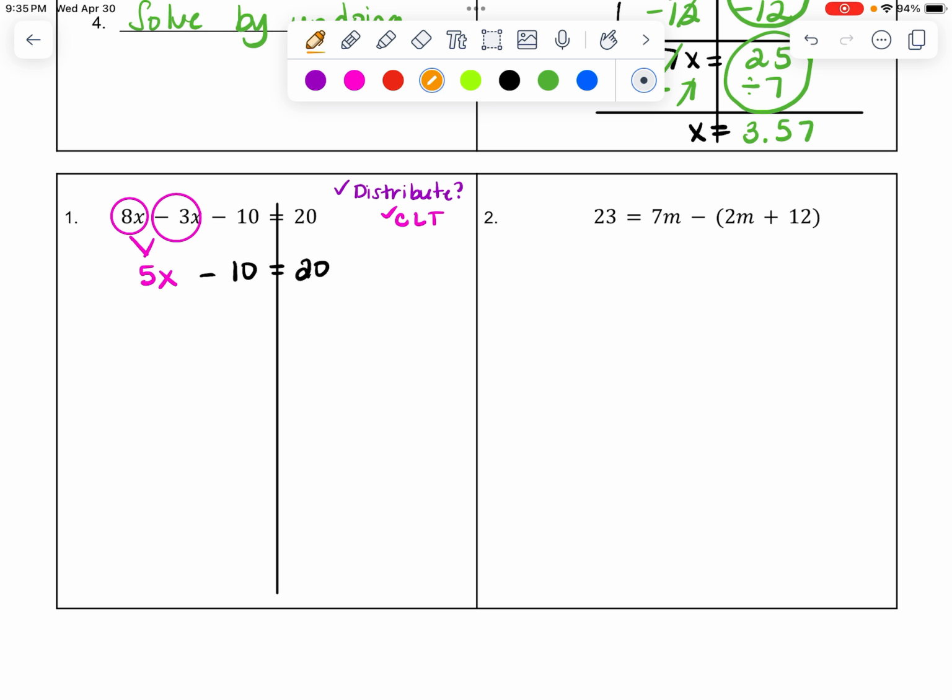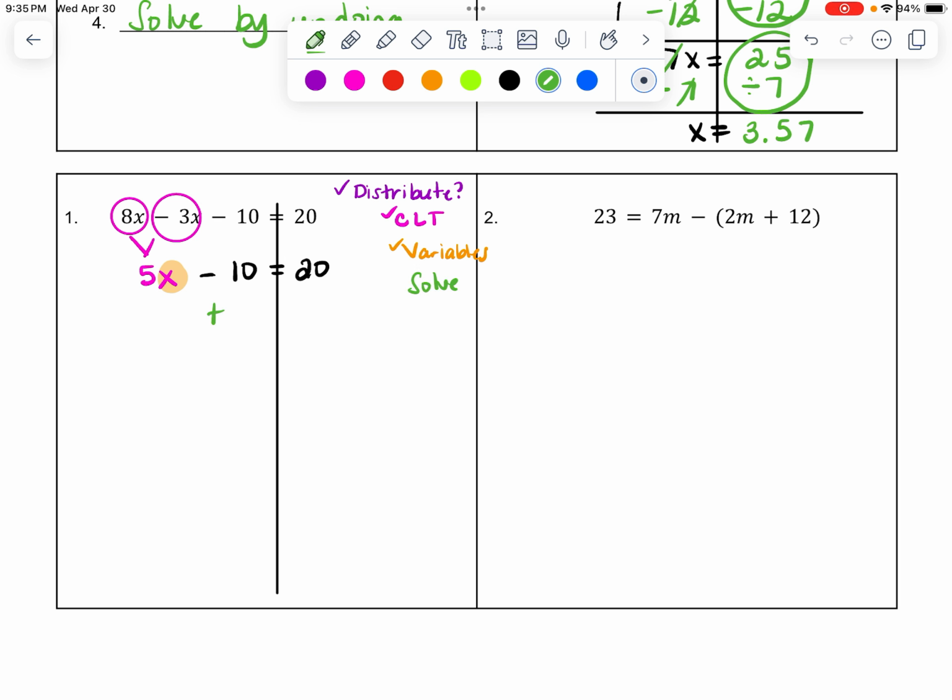The next step is to get the variables together. Well, in this problem, there's only one variable and it's on the left, so it's already together with itself. The last step is to solve.